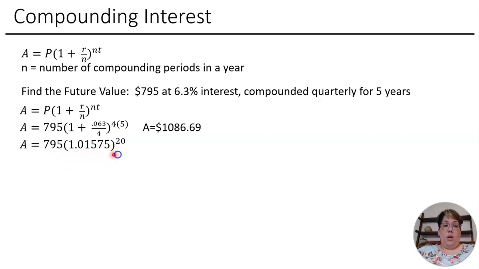Then you could do all of this together, and you would still get 1086.69. So again, you can take it in smaller steps. Just remember that you need to carry it out to about 5 decimal places before you start rounding. Okay, so that's compounding interest. This was future value with compounding interest. That formula is on that formula sheet.